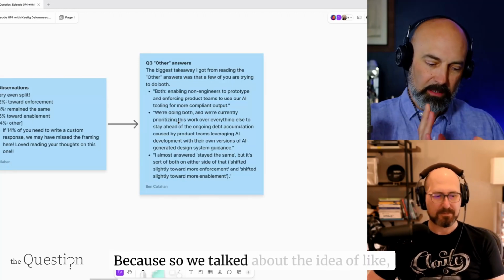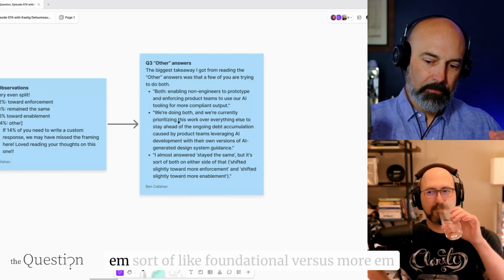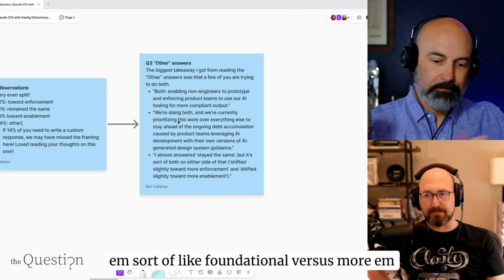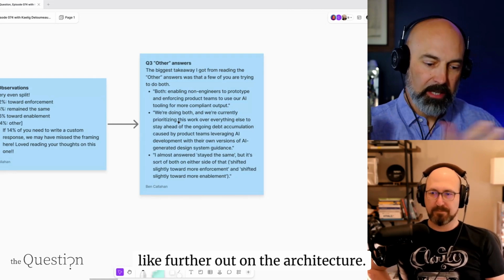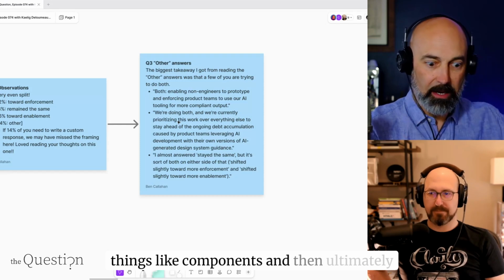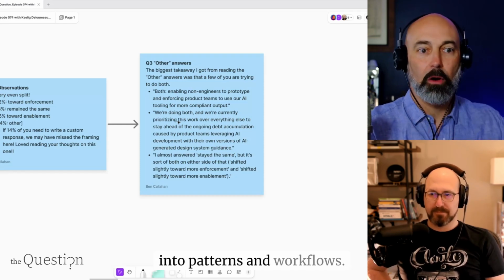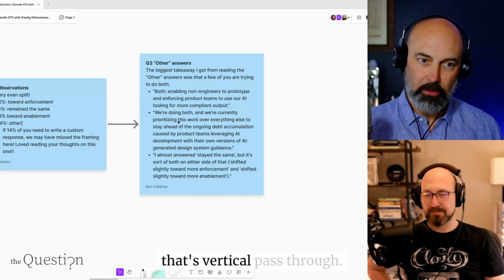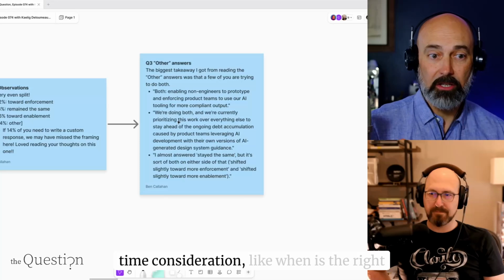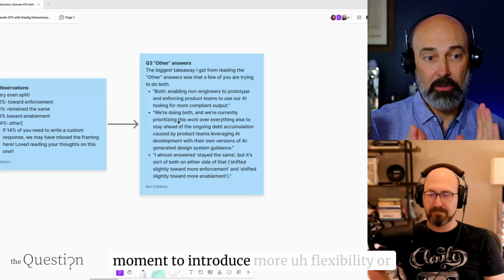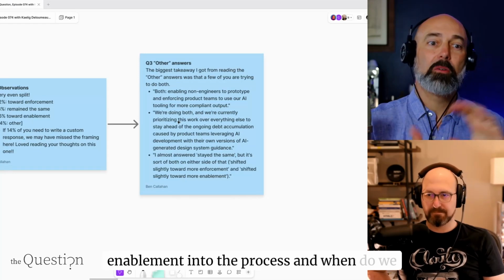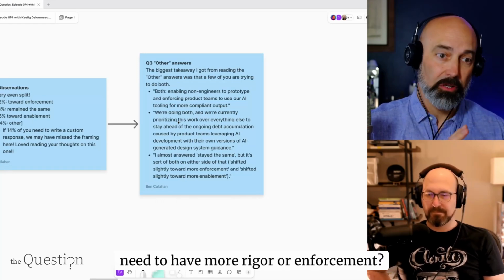Yeah. And so there's like layers here, right? Because we talked about the idea of foundational versus further out on the architecture. So fundamental layers moving up through things like components and then ultimately into patterns and workflows. Yeah. So that's vertical. And then you're saying there's this time consideration, like when is the right moment to introduce more flexibility or enablement into the process, and when do we need to have more rigor or enforcement?